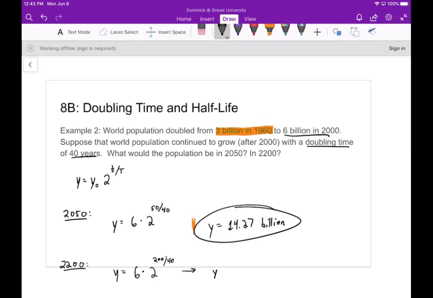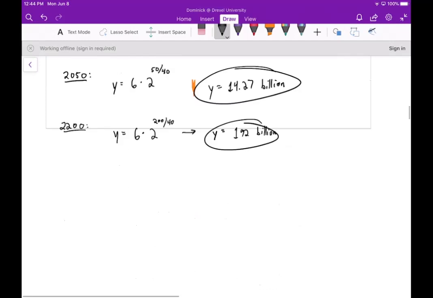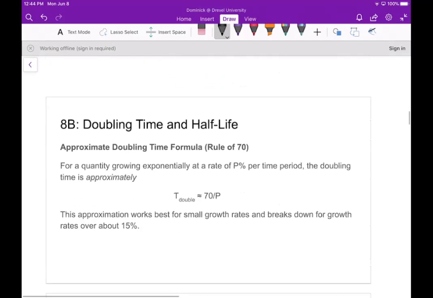Once we enter this in, this is just going to become 6 times 2 to the 5th once we simplify, and we get 192. And of course, this number would not be possible, because you're going to run out of room on the planet. So that's something that we would have to keep in mind.